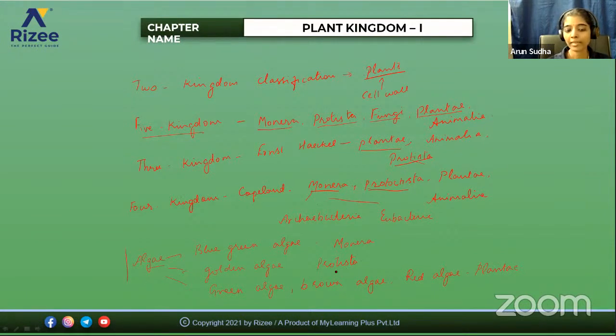So if you take algae, it comes under three different kingdoms as per Whittaker.